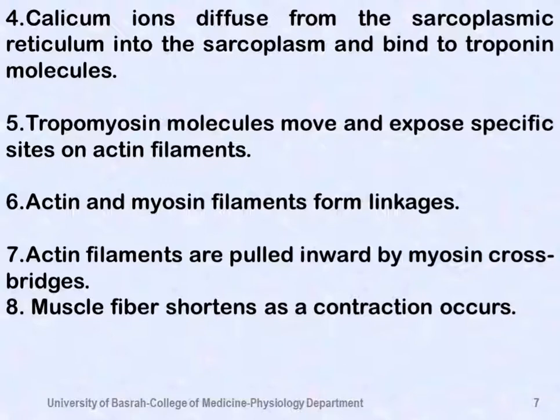This makes the tropomyosin-troponin complex move and expose the binding sites of the actin myofilaments. The actin and myosin myofilaments form a linkage, and actin myofilaments are pulled inward by myosin cross bridges, and the muscle fiber shortens as a contraction.